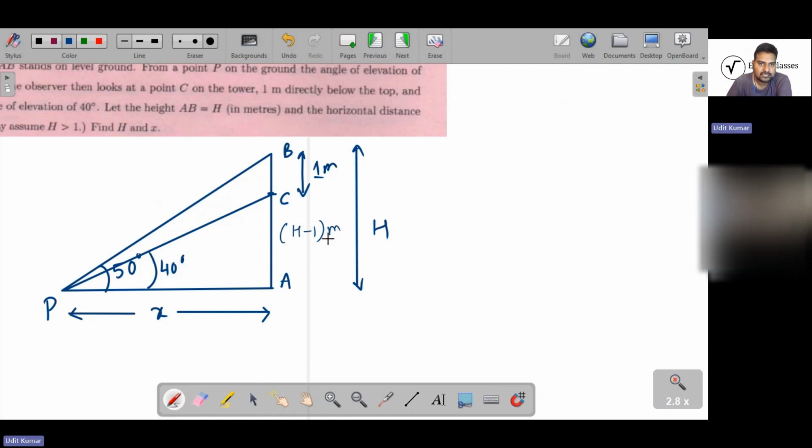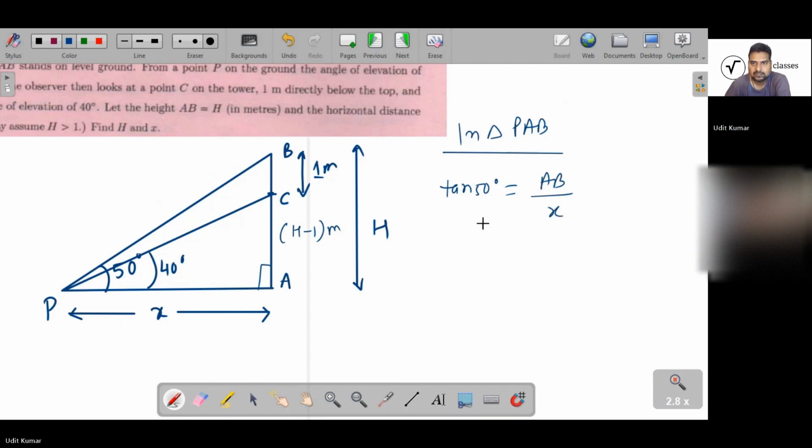This is 90 degrees, so I will go with triangle PAB. What will happen in triangle PAB? I will get tan 50 degrees equals opposite by adjacent. Opposite is AB, which is h, and the adjacent is x.